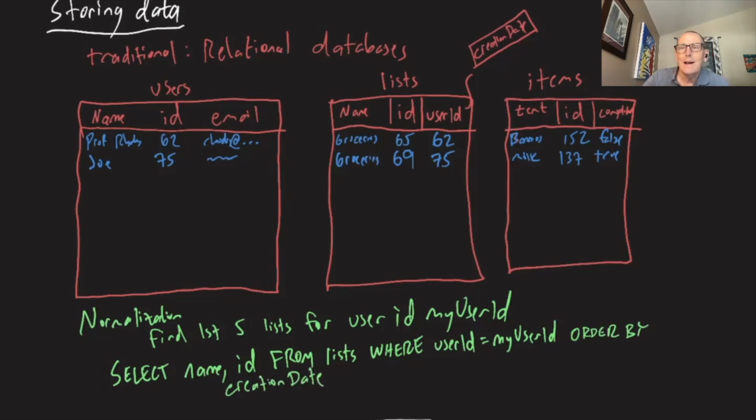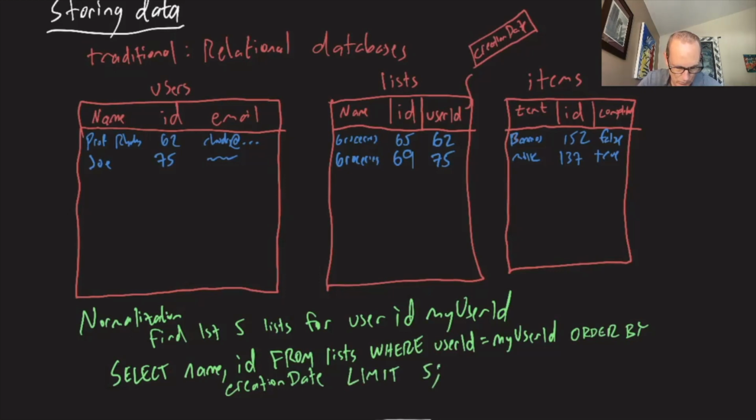Let's say we're in our application and we're displaying the first screen, which shows a bunch of lists. Maybe we only have enough space to show 5 lists. Rather than get all, maybe we have 100 or 200 lists in this table, let's limit this to the 5 we can display. This would run and do its SQL magic, its database magic.